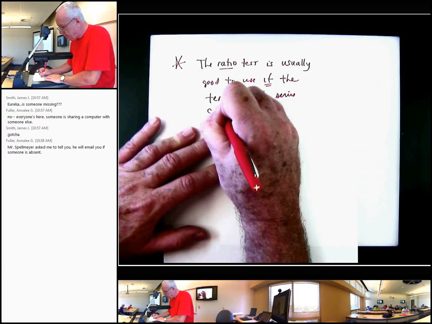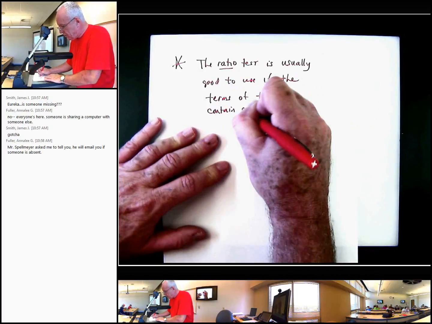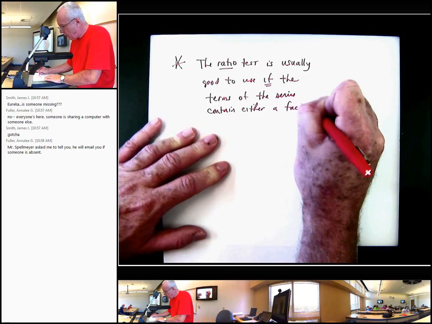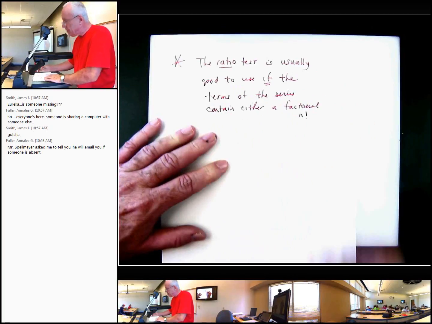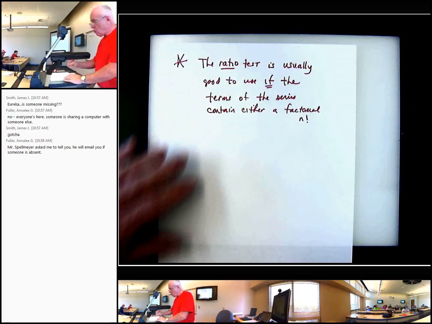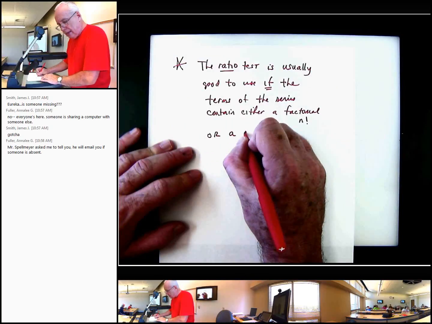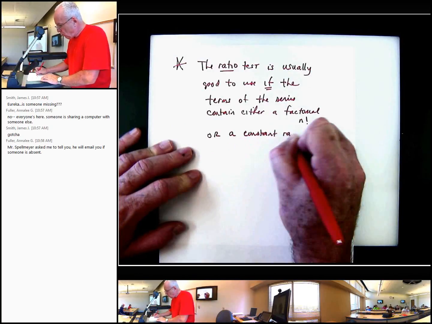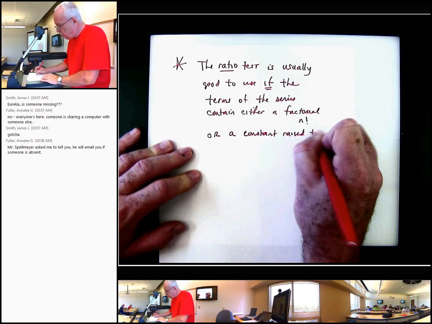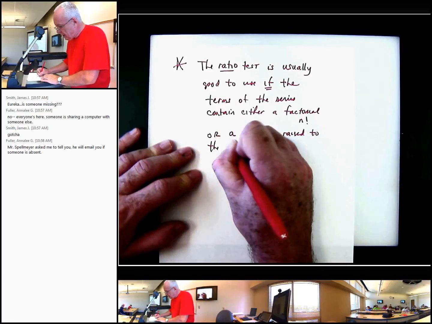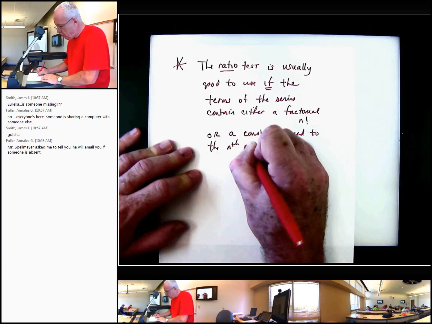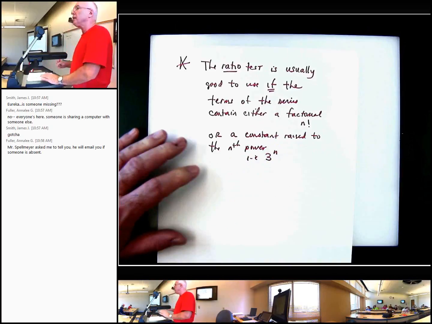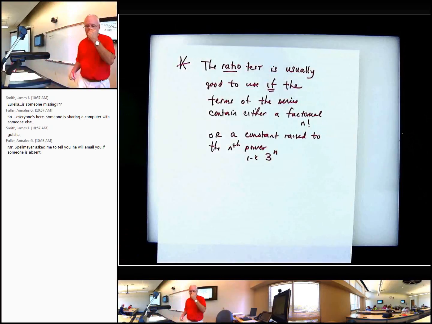In other words, n factorial, or a constant raised to the nth power, i.e. something like 3 to the n, that type of thing, all right?